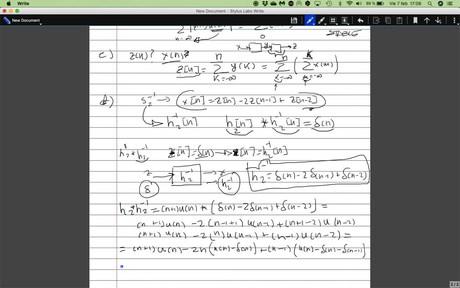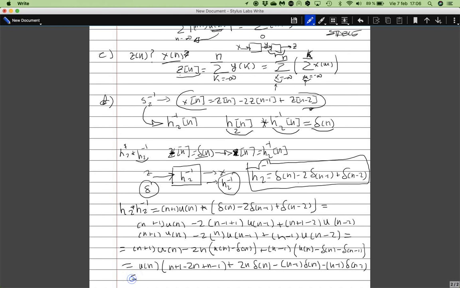So now if we calculate all this, you can see that we take u[n] as a common factor of (n plus 1) minus 2n plus (n minus 1). Then we have 2n delta[n], minus (n minus 1) delta[n], and minus (n minus 1) delta[n minus 1]. Okay?